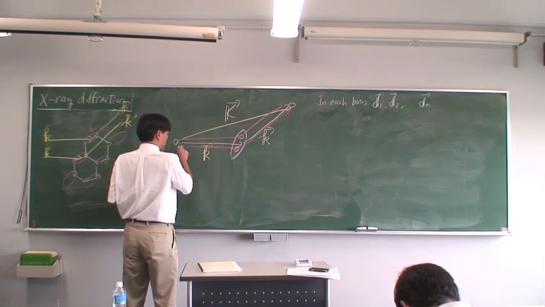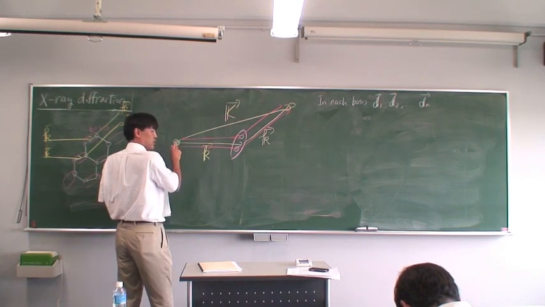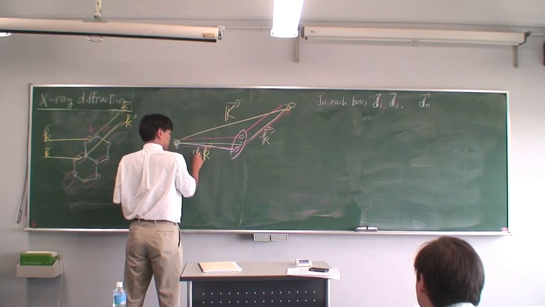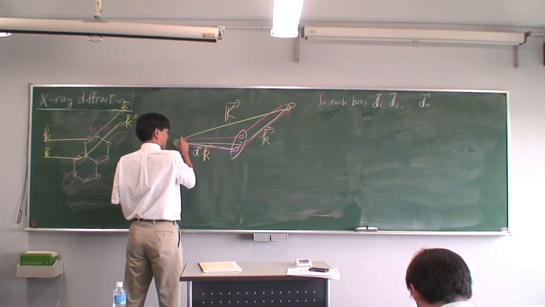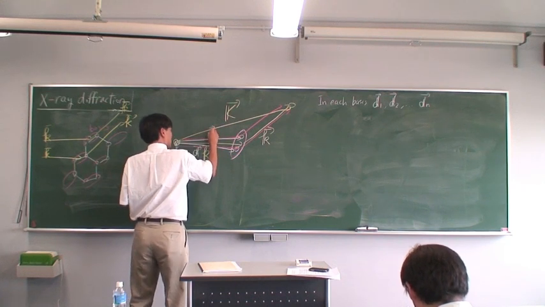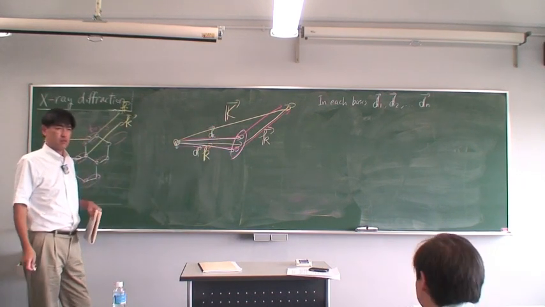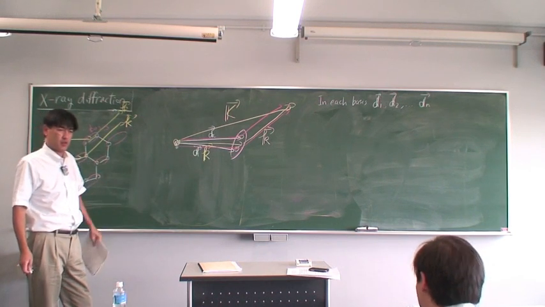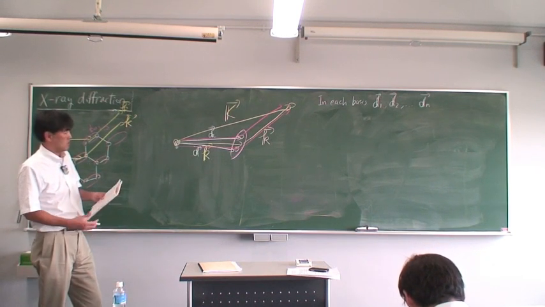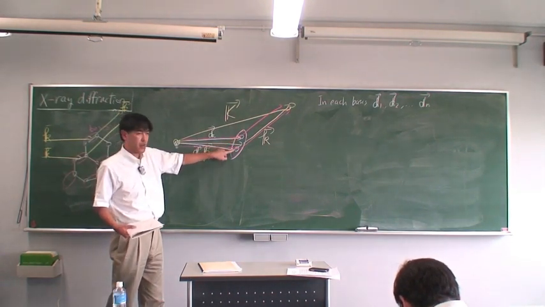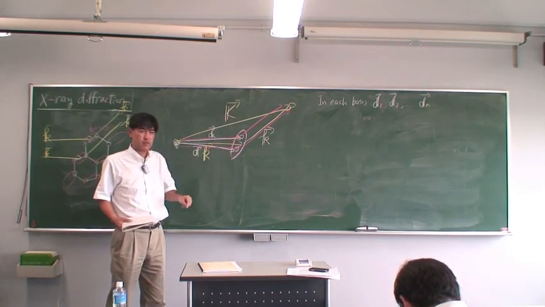Maybe we took origin here. Maybe we took origin here. And this is D1 and this is D2. Well, we took origin somewhere. It's arbitrary. You can take it anywhere. But the point is that because there are two atoms, we have a D1 vector and a D2 vector. Okay?